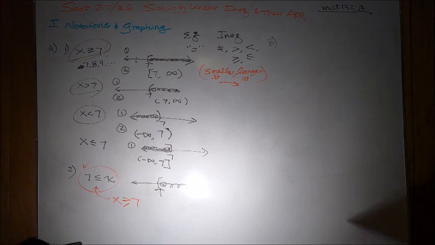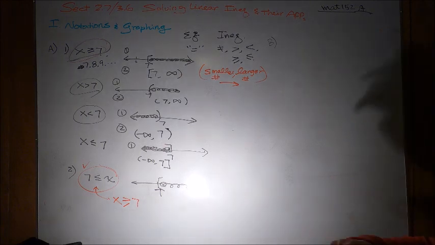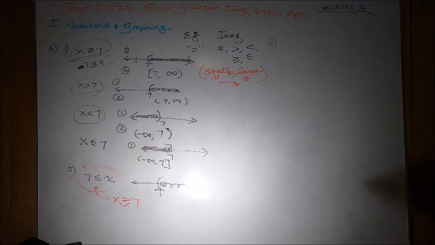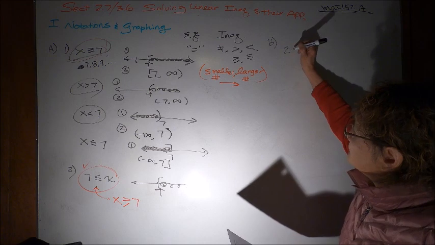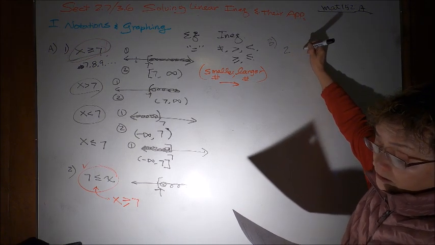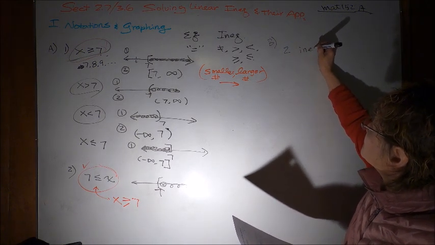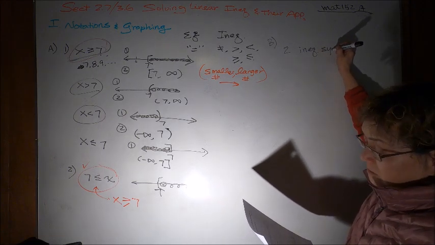Okay, next one. We are going to talk about something called compound inequalities. Compound means what? You are compounding. You add one to the other, right? On top of each other. But for inequalities, when we say compound inequalities, we mean they only contain 2 inequality symbols.